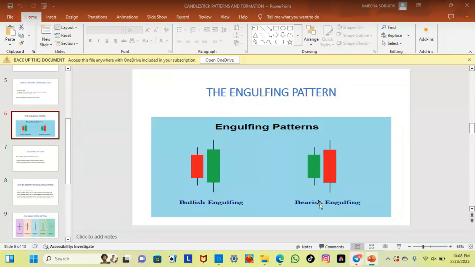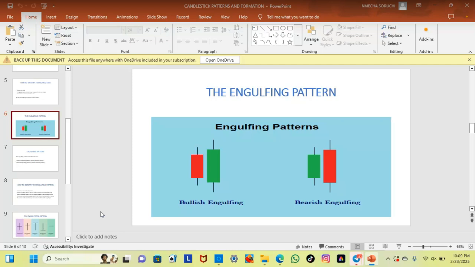But for the bearish engulfing pattern, the first candle should always be a green candle, and the second one should be a bear candle, which is this red one. And secondly, the second candle should always open at the close of the first candle or slightly below the close of the candle.